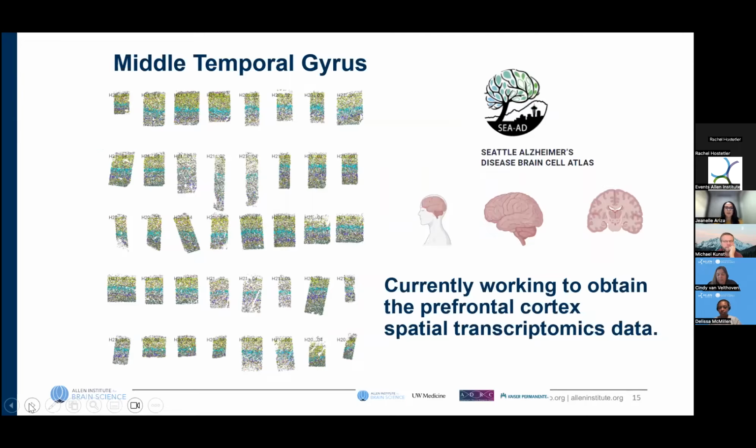For example, for the CAD Atlas and all the publications that we have done so far for the middle temporal gyrus, we processed 35 tissue samples in a very consistent way, as we did for the mouse brain atlas. And we are currently working to obtain the prefrontal cortex spatial transcriptomics data.